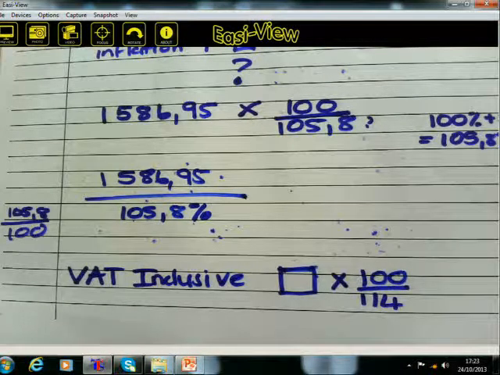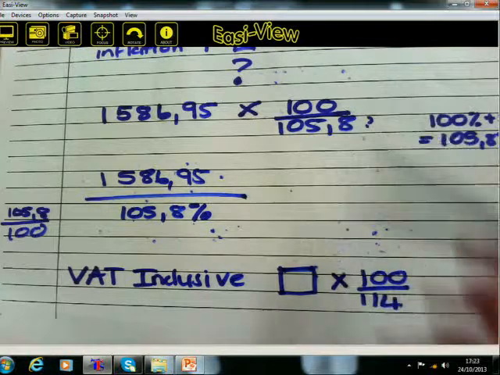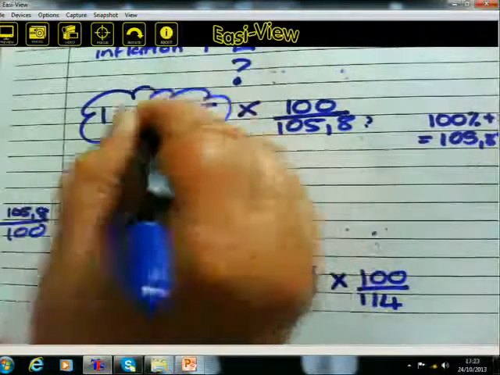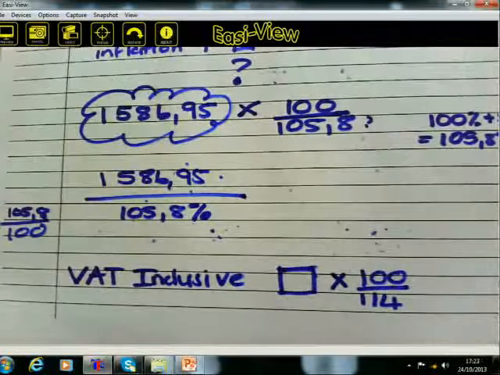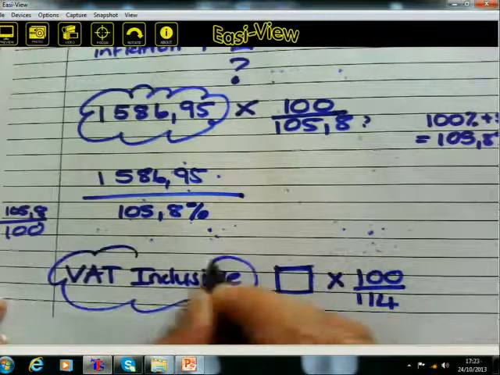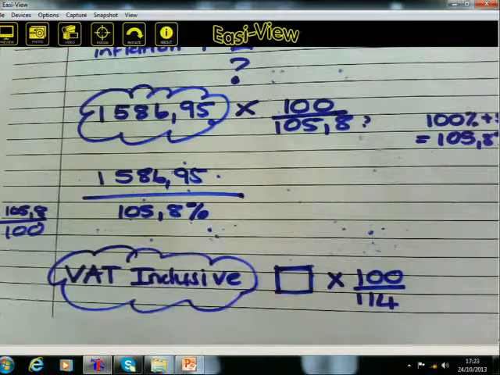It's just something for you to remember. But the principle is the same, because this big amount was already inflated with the inflation. And when I work with VAT inclusive, the amount is already with the VAT. It is inside. And that's how I find the answer.